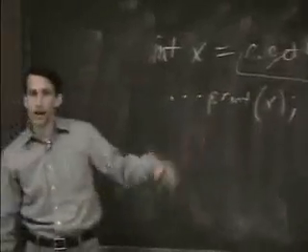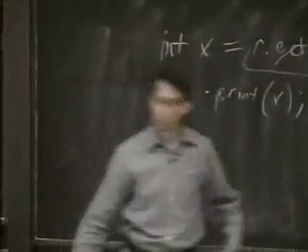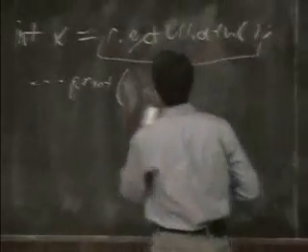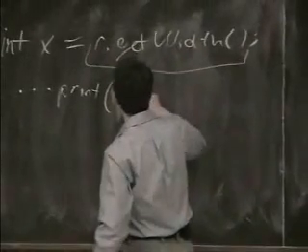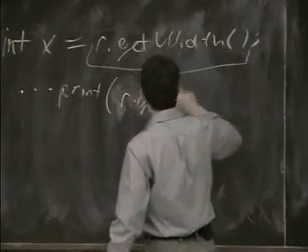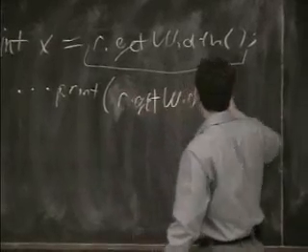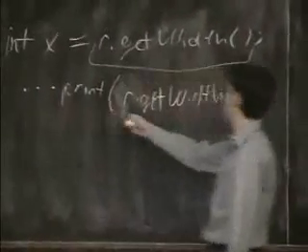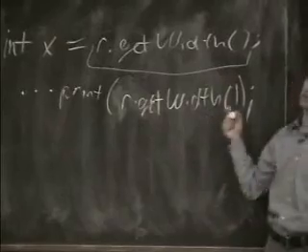You can also combine this into one line, and instead of saying print x, you could say print r.getWidth. That'll do the same thing. And your System.out.println will just print out whatever r.getWidth value it gives you.